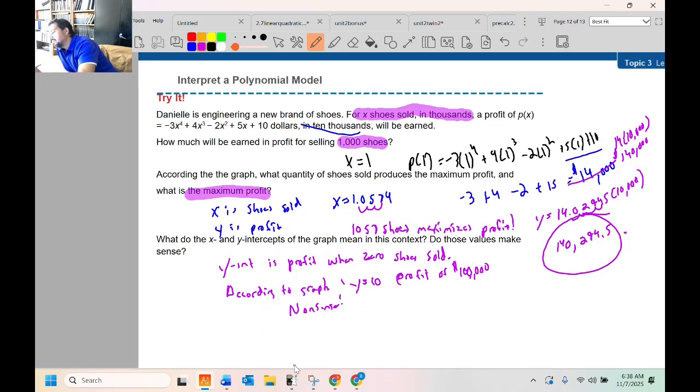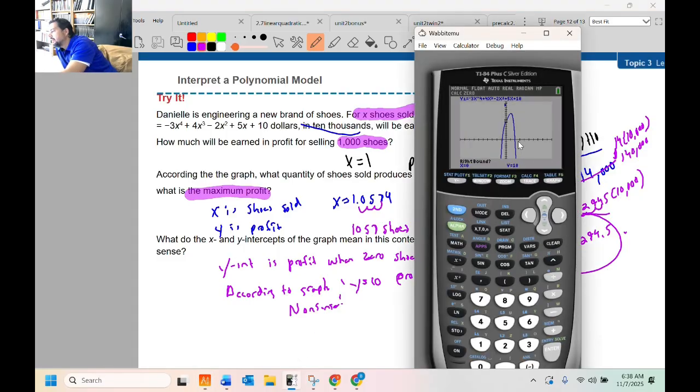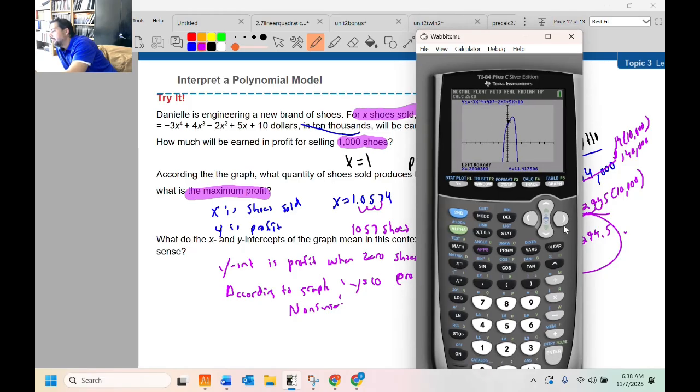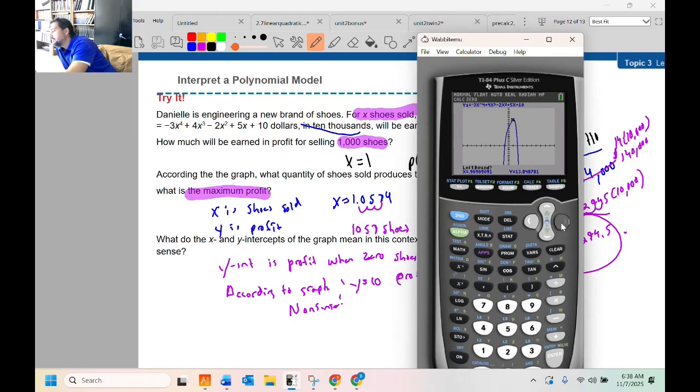All right, your x-intercept looks like it's at 2. And it probably does make some sense. Let's double check to make it 2. I'm using the zero function. I hit second, trace, 0. Left, right, enter. Yeah, okay, it's 1.9146.